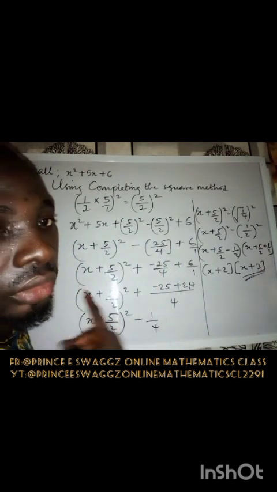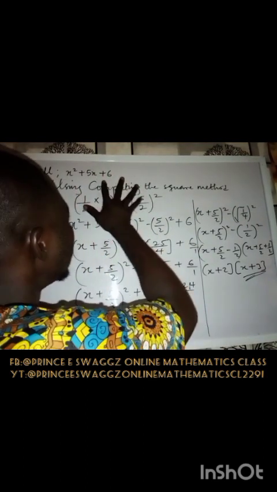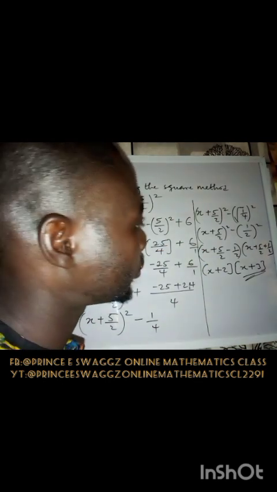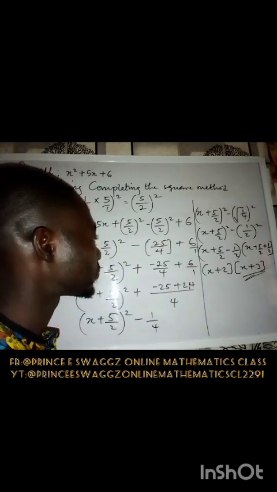So now we have gotten the same answer we had the other time. So this expression can be factorized using the completing the square method, and this method can be used to factorize any form of quadratic expression. Let's take a look at this example.